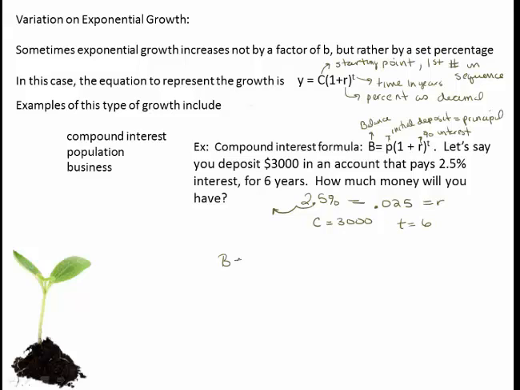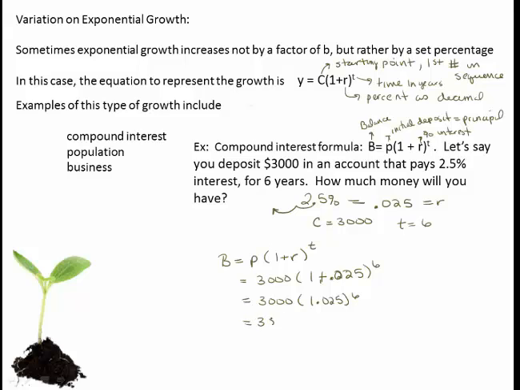So when I plug that in, I'll have the balance is equal to 3,000 times 1 plus 0.025 to the 6th. We do what's inside the parentheses first, so that's 1.025 to the 6th. Next comes exponents. So I take 1.025 and raise that to the power of 6.